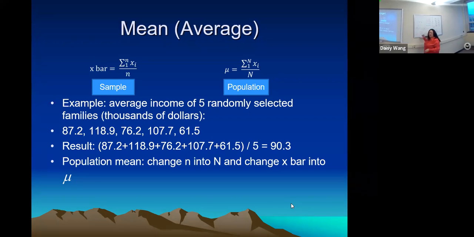I don't know if it's Greek or Roman. Greek? Okay, thank you. So this is mu. Yeah, my cat's name is Mu. My daughter named him Mu, not because of this.